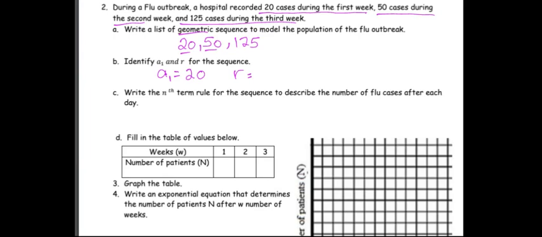50 divided by 20 is going to be 5 over 2, or 2.5. 125 divided by 50, that's the third divided by the second, is going to be the same thing. So every single time we're going from one term to the next, we are multiplying by 2.5.